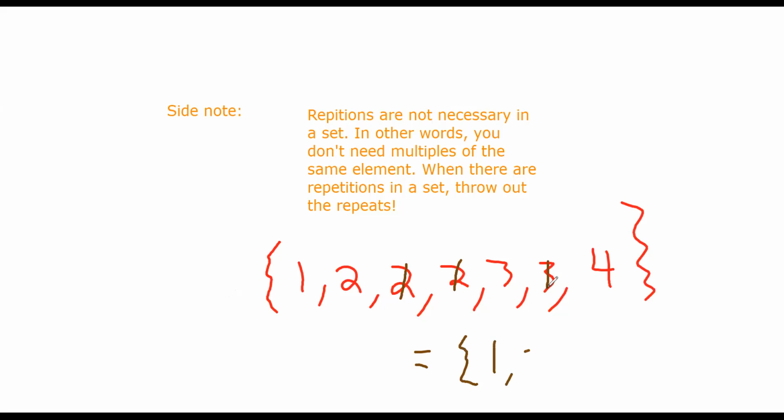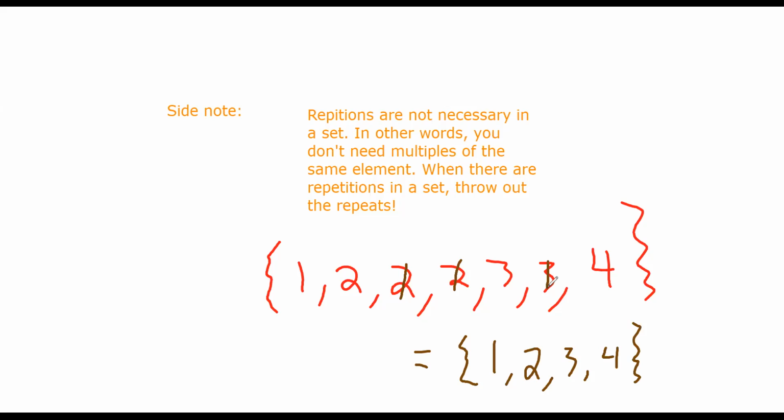So this is really just the set 1, 2, 3, 4. So put another way, repeats are not allowed. They're not necessary. You can throw out any repeats. You just need one representative for that group of values or elements.